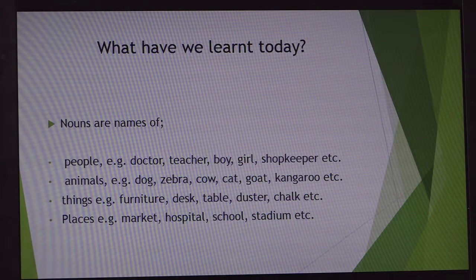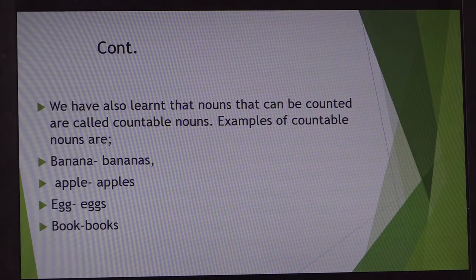We have also learnt about nouns that name places. For example, market, hospital, school, stadium, among many others. And we have also learned in our lesson today that nouns can be counted, and that those nouns that can be counted are called countable nouns.